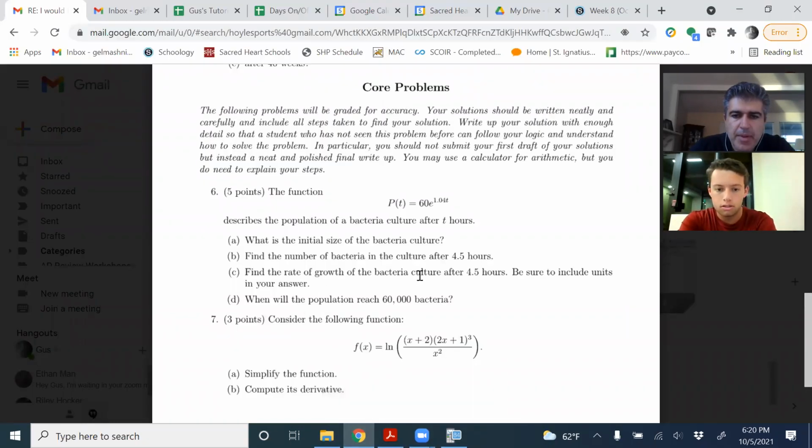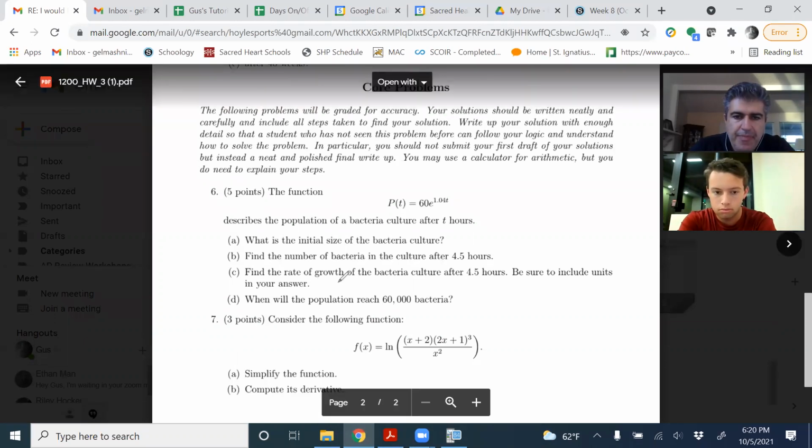Then find the rate of growth of bacteria after 4.5 hours. So find the rate of growth, that's going to be a derivative. So you want this. Now, and the units will be bacteria per hour, because it's a slope, right?